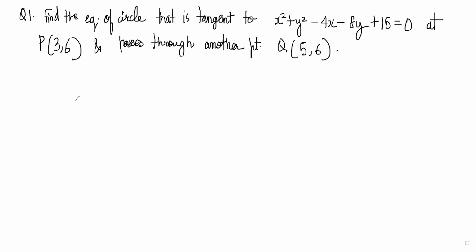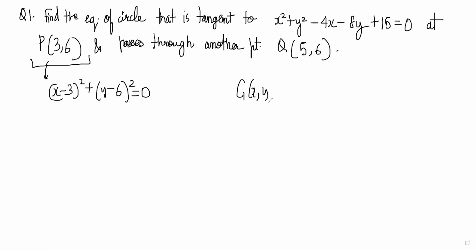Okay, now we'll apply the principle here, the family of circles rule. Now we want the equation of all possible circles that are tangent to this given circle at this point P, right? So at this point, we can write the point circle equation x minus 3 whole square plus y minus 6 whole square equal to 0. And the equation of the family from the theory that we have seen is S plus lambda times x minus m whole square plus y minus n whole square equal to 0.